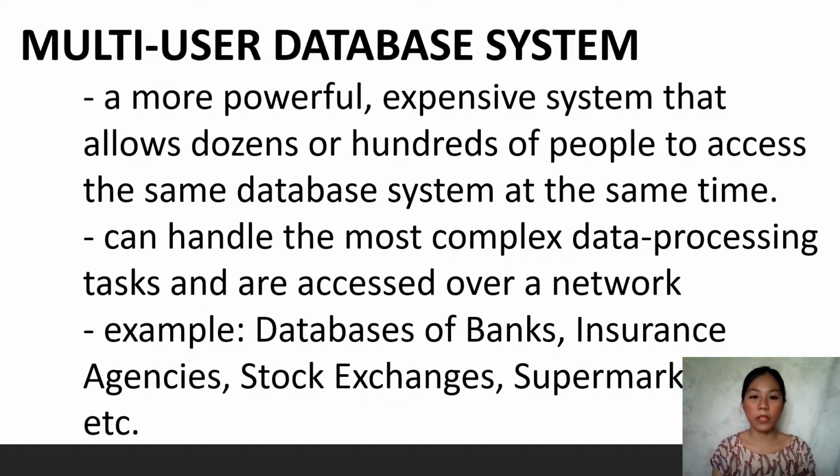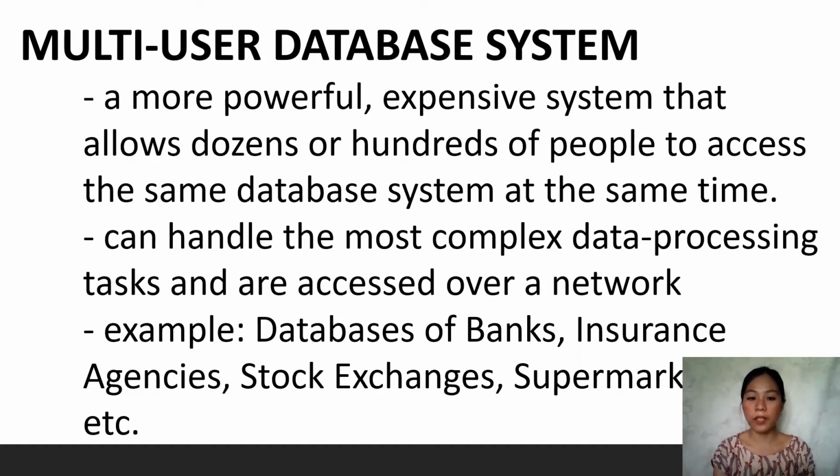Next is the multi-user database system. It's a more powerful, expensive system that allows dozens or hundreds of people to access the same database system at the same time. Compared to the single-user database system, this is more powerful. It can also handle the most complex data processing tasks and is accessed over a network.